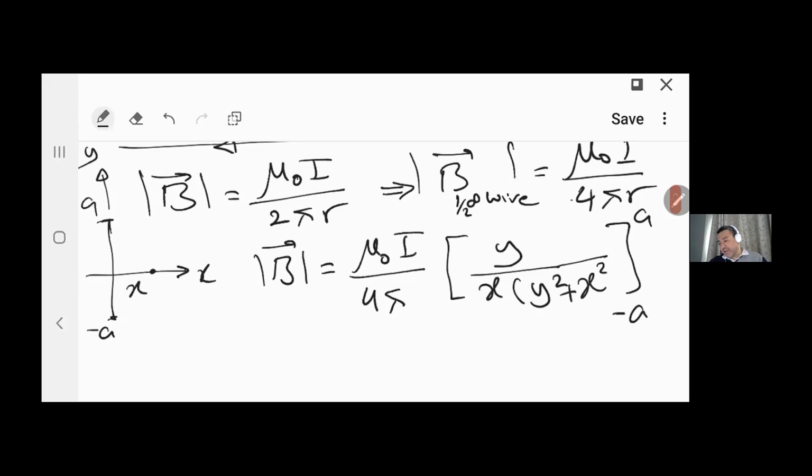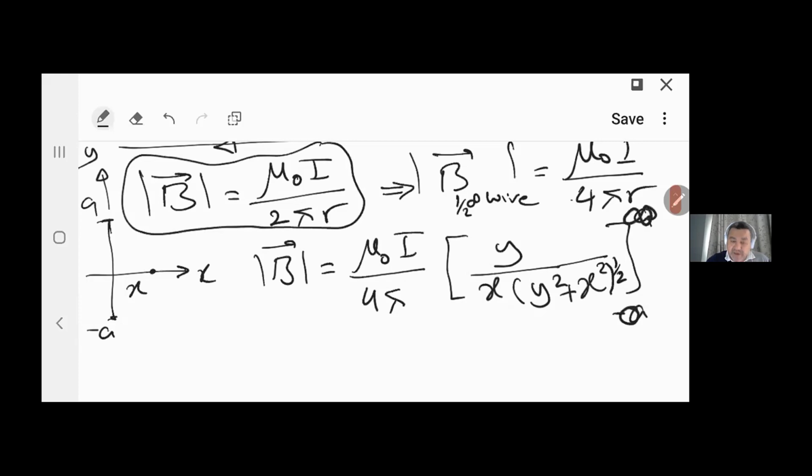Now, what happens if I sweep my wire differently? When I swept it from minus infinity to infinity, I got the infinite wire result. Now, instead, I sweep it from 0 to infinity to represent half of an infinite wire.